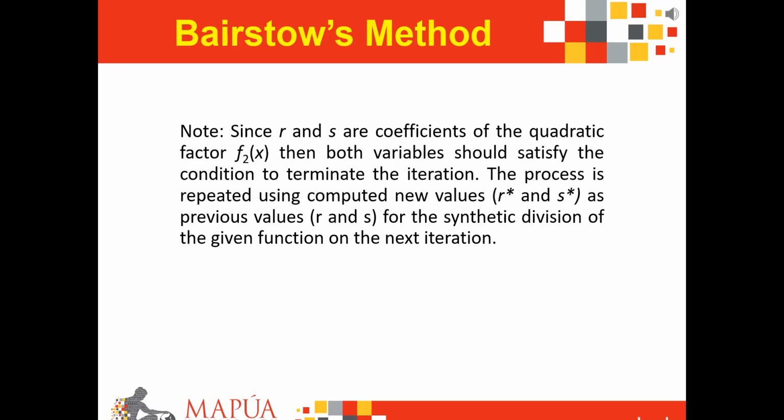Note that both r and s are coefficients of your quadratic factor f2(x). Therefore, both variables should satisfy the terminating condition before you stop the process. The process is then repeated by using the computed new values r and s as previous values of r and s for your next synthetic division.